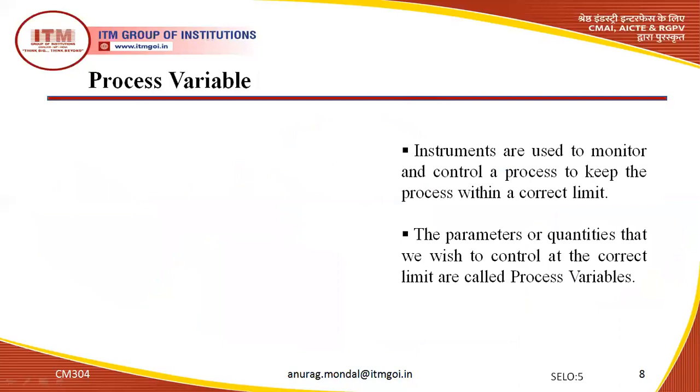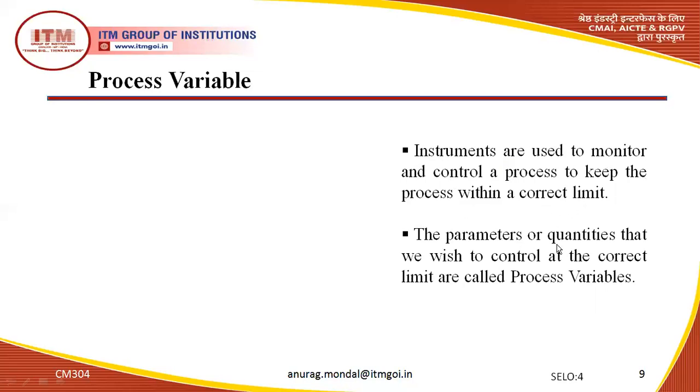Next, process variable. As I mentioned, there are 2 points regarding the process variable: instruments are used to monitor and control a process to keep the process within the correct limit.